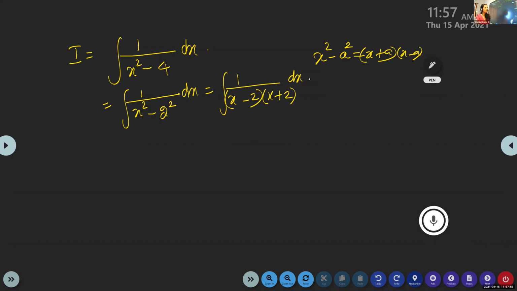The denominators are linear factors, so we can use partial fractions. Now try to solve this and give me the answer. Up to this, Shubham, is it clear? Yes, ma'am. Now, can you give the steps?